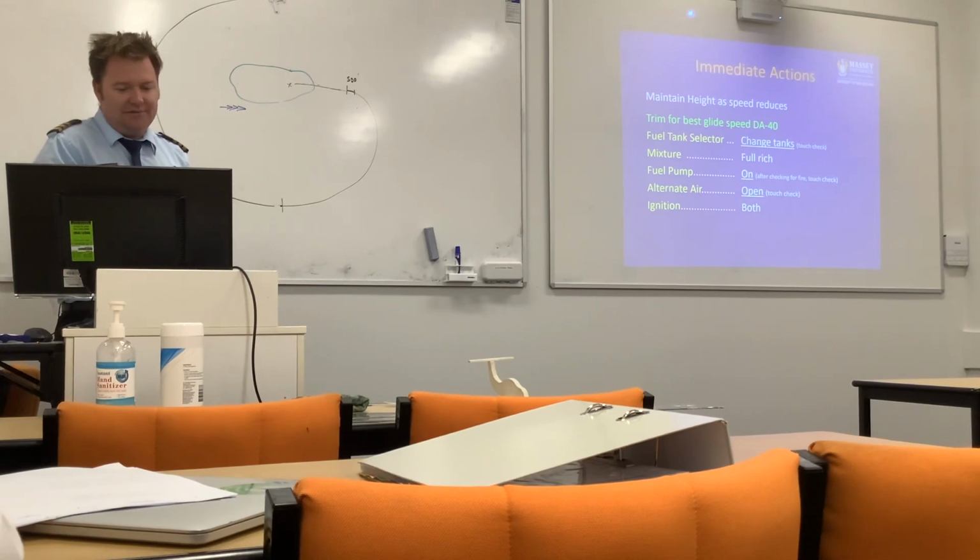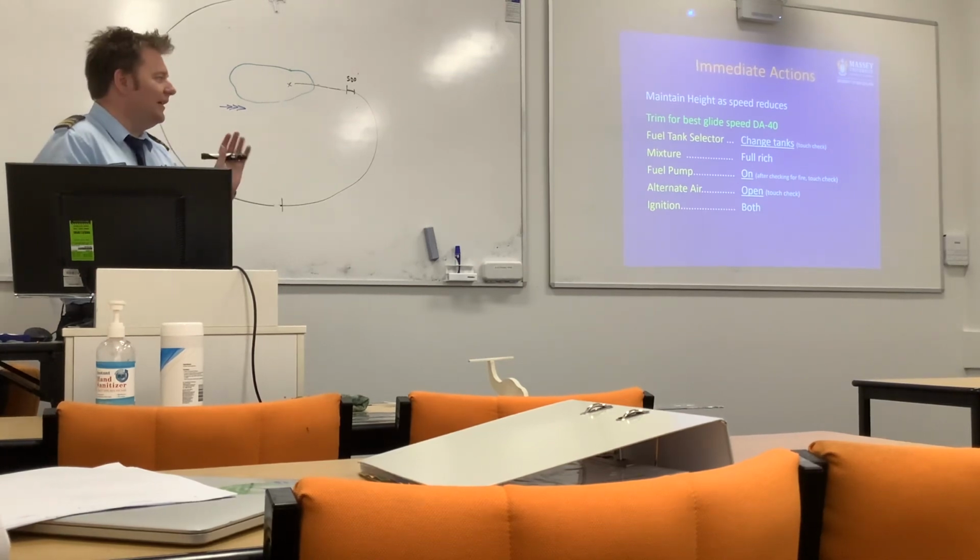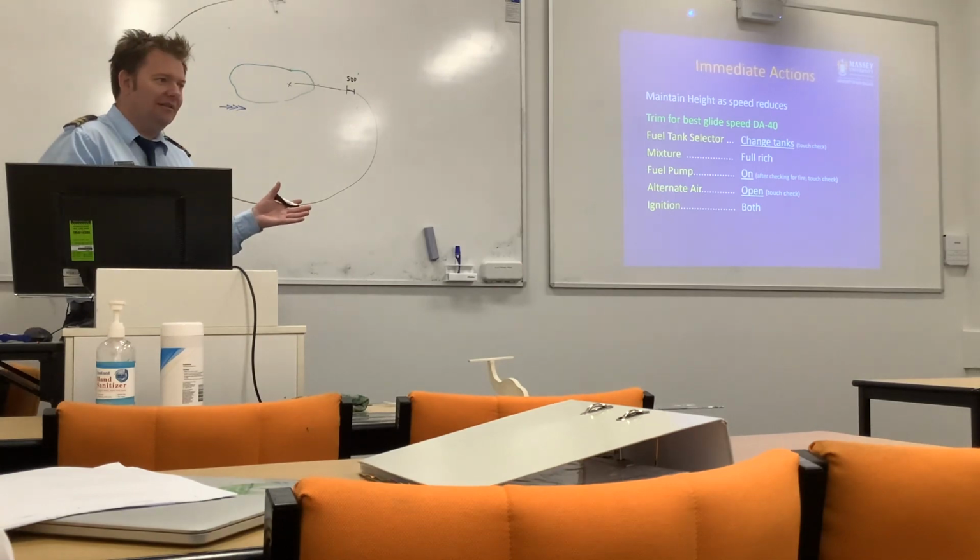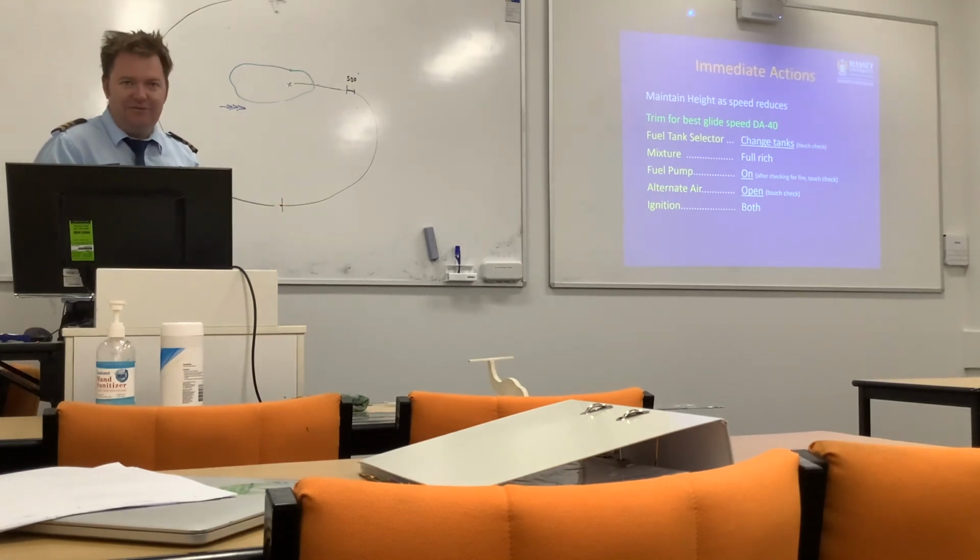Change tanks, touch check, mixture full rich, pump on. Now that is a touch check now, as per all of our SOPs. Who checks for fire? Do you know how to check for fire?